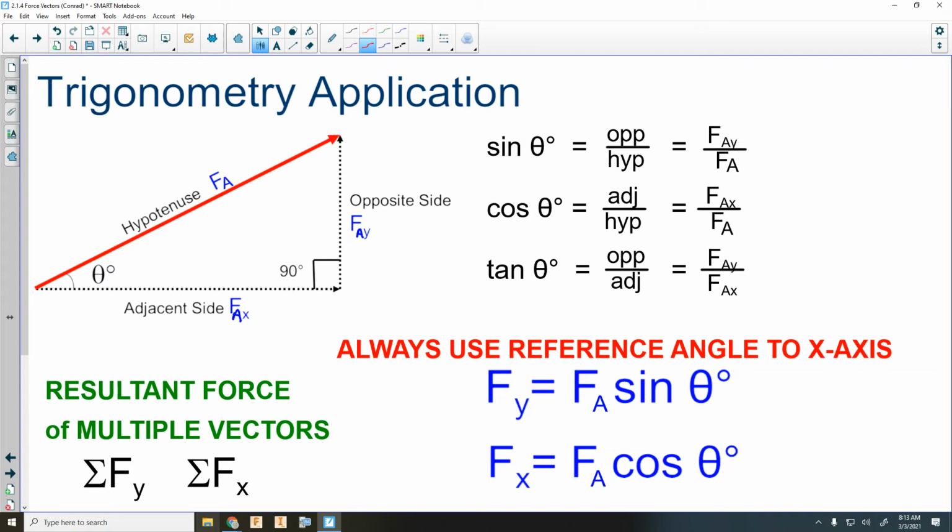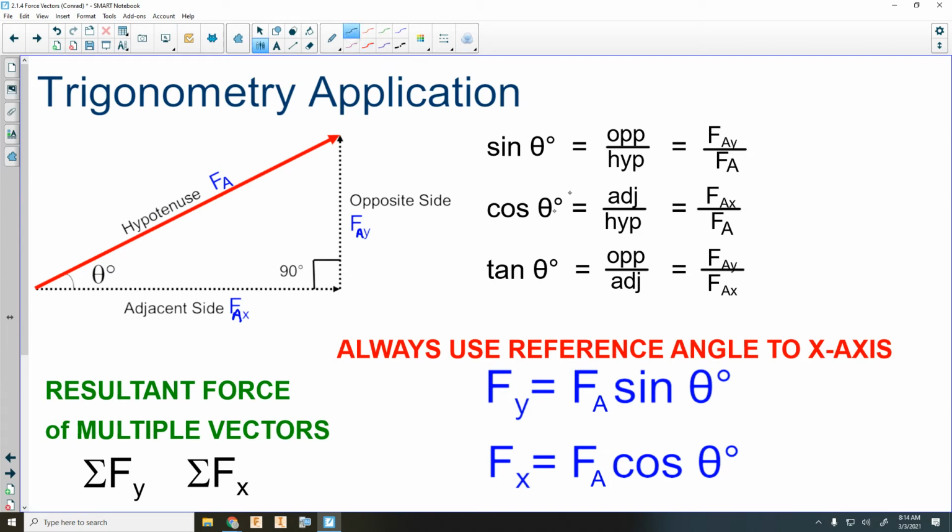What that allows us to do is rewrite this relationship. Instead of opposite over hypotenuse, it's force of AY over force of A. A lot of times we have to break these down into the component vectors.